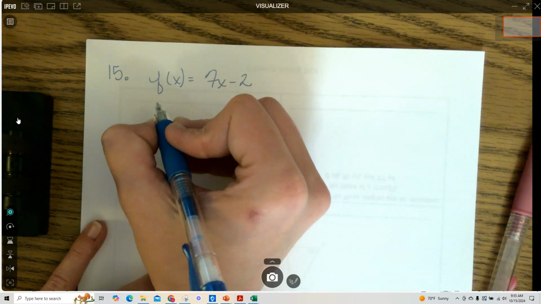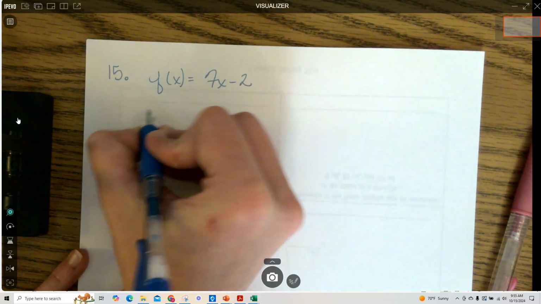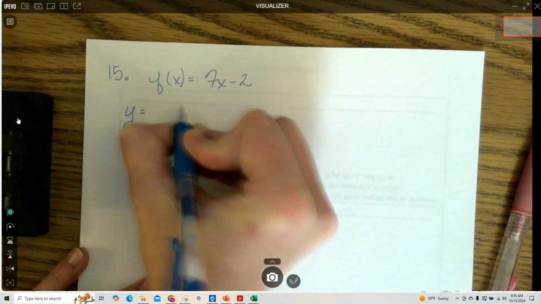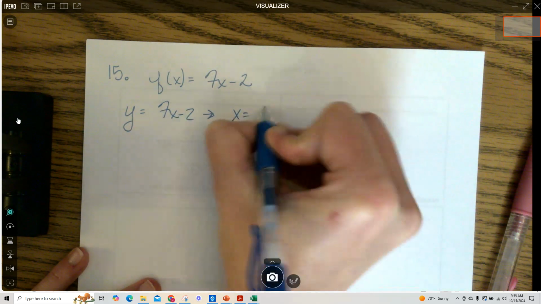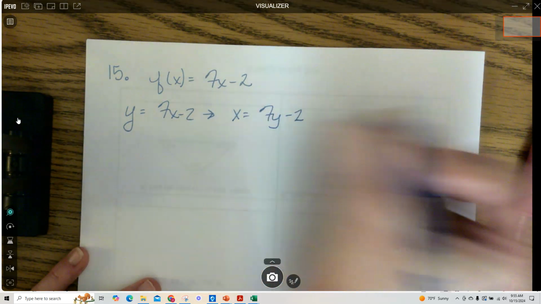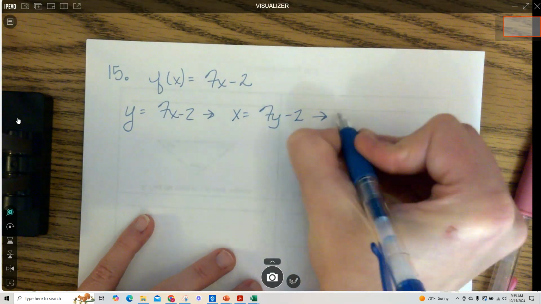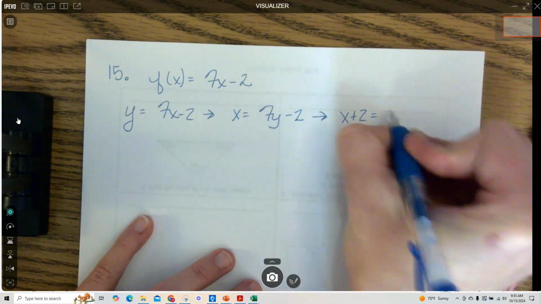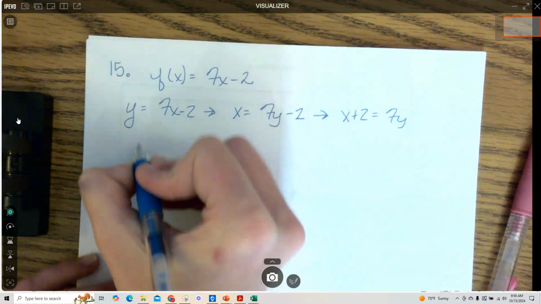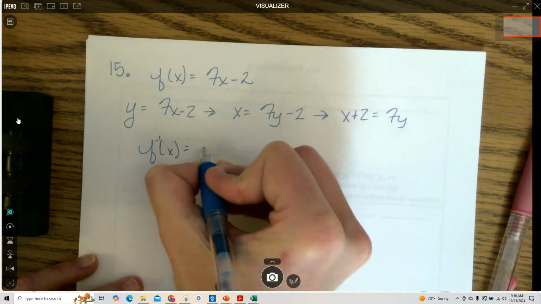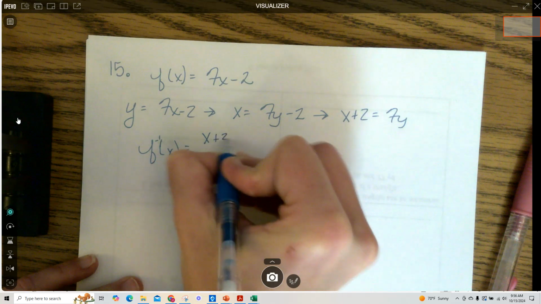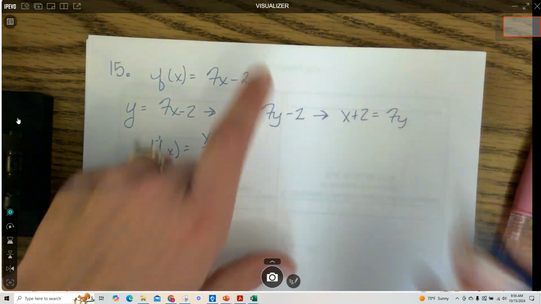So then graph them, right? Yes. Okay. So this one is going to be x equals 7y minus 2, which would be x plus 2 equals 7y. Divide both sides by 7, f to the -1 of x equals x plus 2 over 7.